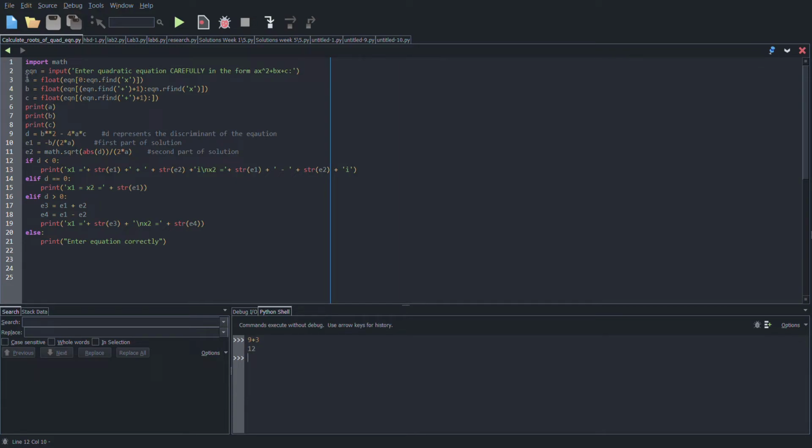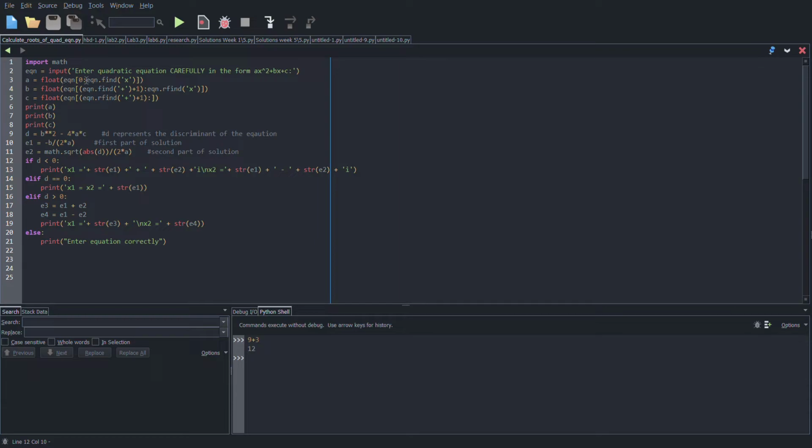And the second line says equation equals input, enter quadratic equation carefully in the form this. So when you run this program, this statement in green appears in the command prompt, prompting the user to enter the quadratic equation in this form.